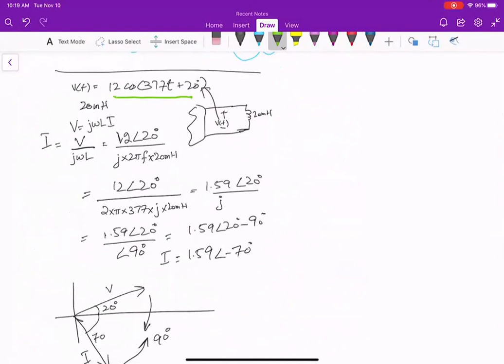Sounds good? Can you hear me? Yeah, it sounds good. So what's its phasor form? Its phasor form was, right, which I have replaced it here, right?